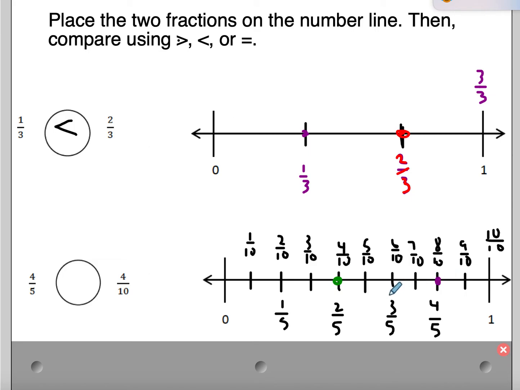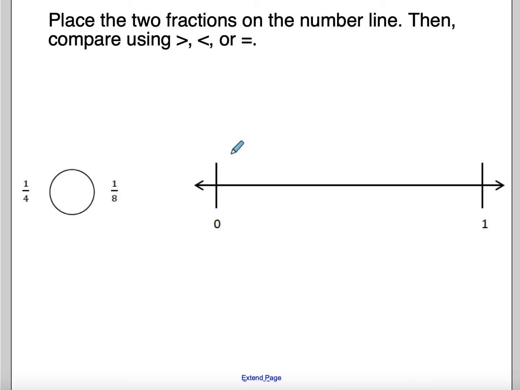I apologize for the texting sounds. Because with 4/5, the jumps are bigger. So let's finally answer this question. 4/5 is greater than 4/10 because I see that it's further along, so I use the greater than symbol. 4/5 is greater than 4/10.